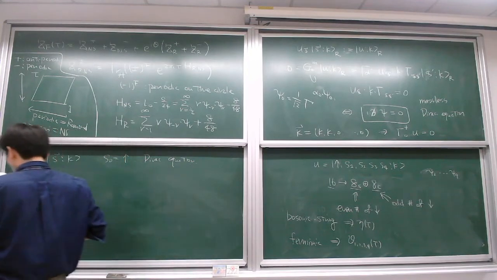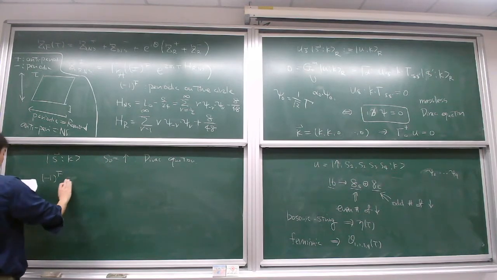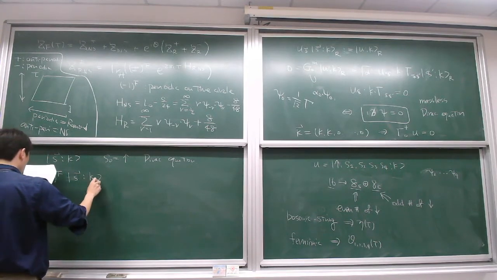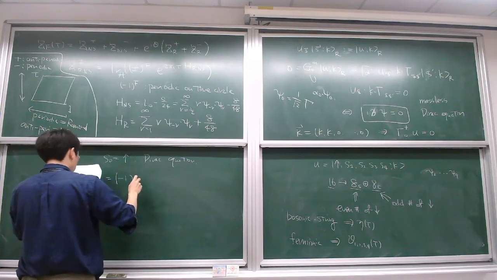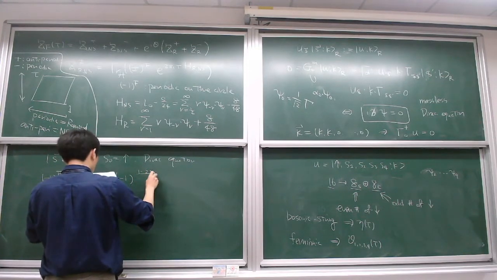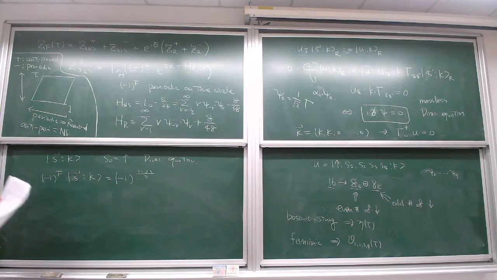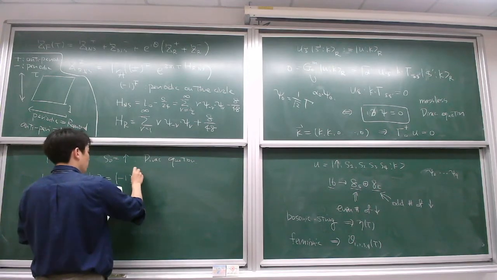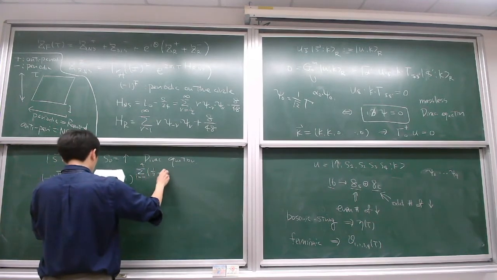Okay. And then if you use the information that (-1)^F acts on this S, you can just consider the definition, (-1)^F is (-1)^S divided by 2. Anyway, I think I just write down the following: I runs from 1 to 4, 1/2 minus S_I.